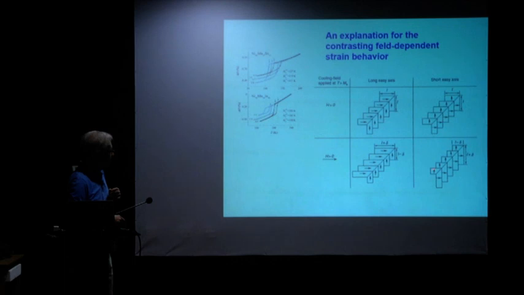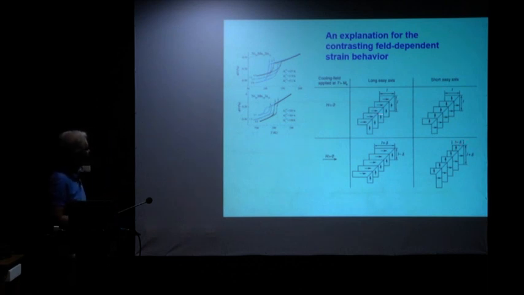If the short axis is the easy axis, then the short axis will turn around in the easier direction and will have a length change in this direction, a longer change in this direction and a shorter change in this direction.